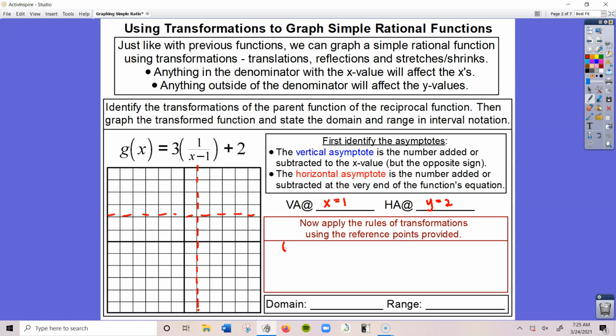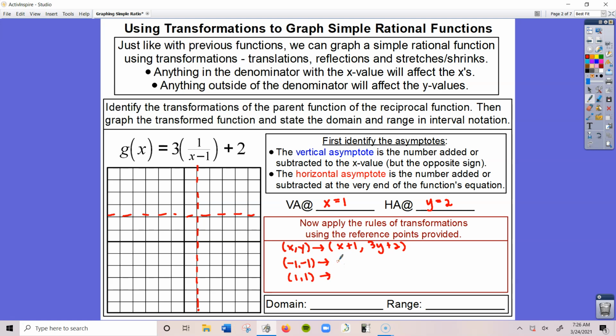So when we're writing our rules, for the x's, instead of x minus 1, I'm going to use x plus 1. For the y's, we have 3 times y plus 2. So 3y plus 2. Our reference points are -1, -1, and 1, 1.